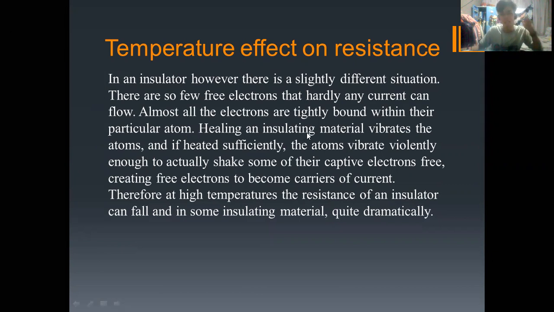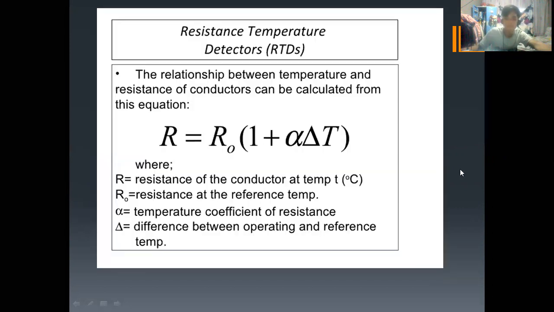Heating an insulating material vibrates the atoms, and if heated sufficiently, the atoms vibrate violently enough to actually shake some of the captive electrons, creating free electrons to become carriers of current. Therefore, at high temperatures, the resistance of an insulator can fall, in some insulating materials quite dramatically.